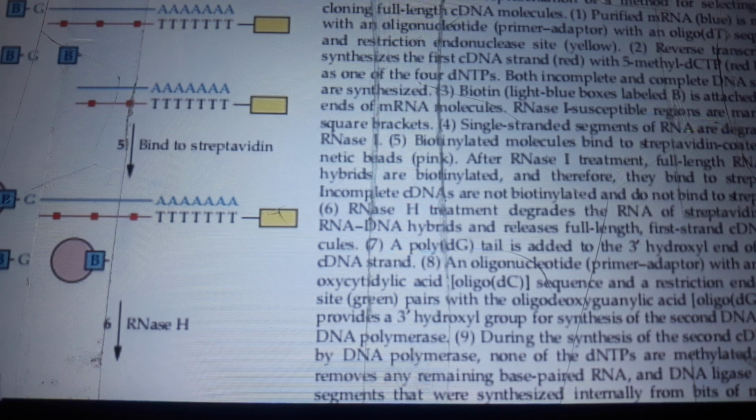Both incomplete and complete cDNA strands are synthesized. Three, biotin, light blue boxes labeled B, is attached to the ends of the mRNA molecules. RNase I susceptible regions are marked by square brackets. Four, single-stranded segments of RNA are degraded by RNase.